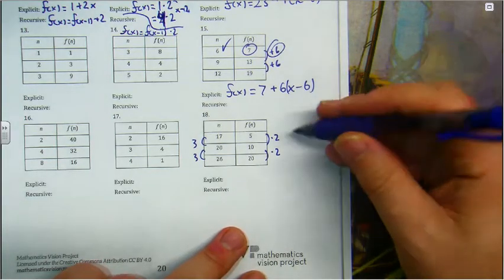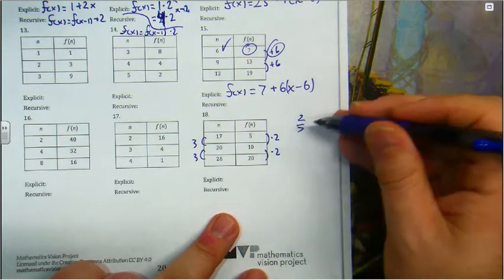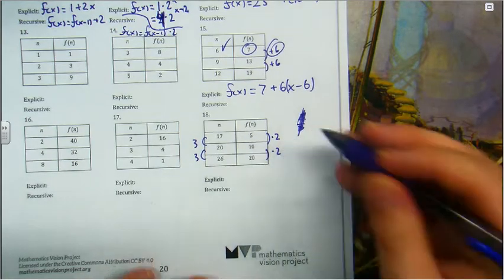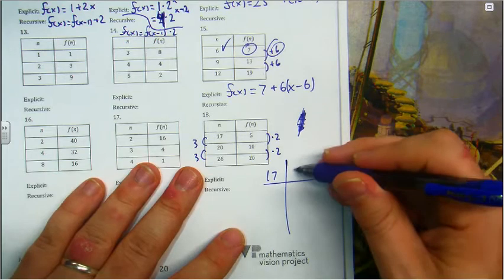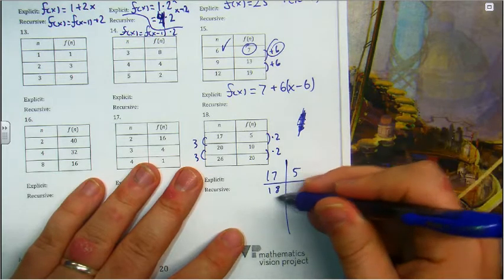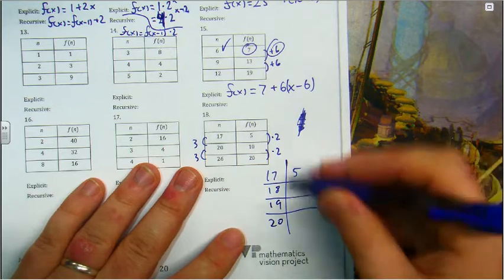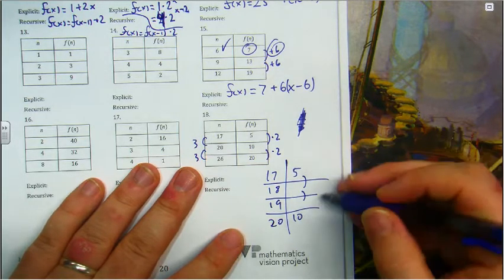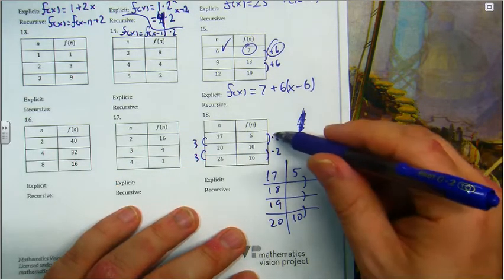So that would tell me that my ratio is actually 2/3, or not 2/3, that doesn't make sense. Let's actually figure this out. All right, so if I have 17, 5, and I don't know 18, I don't know 19, but I know 20, and this is 10. Oh, okay. So this means I'm going 1, 2, 3 steps, and I have to get to times 2.